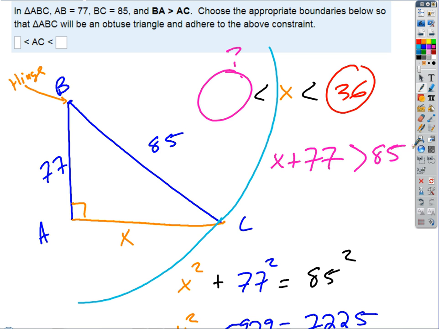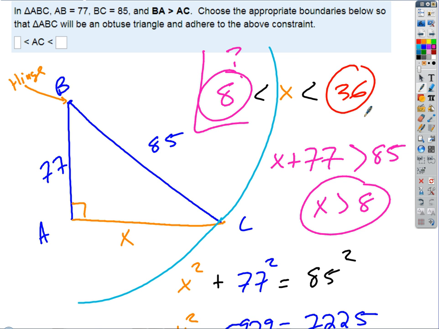So if I subtract 77, I just get x is greater than 8. Make sense? Okay, so that's what goes there. So that's my answer, right? Instead of x, we're calling it AC, but that other segment, the rubber band, has to be greater than 8 in length and less than 36 for this to be an obtuse triangle.